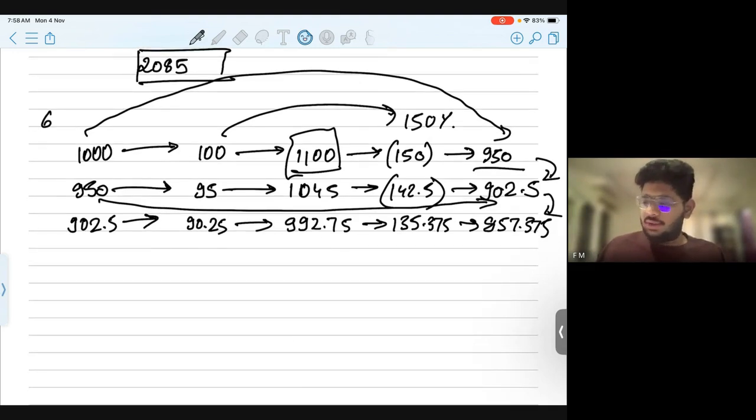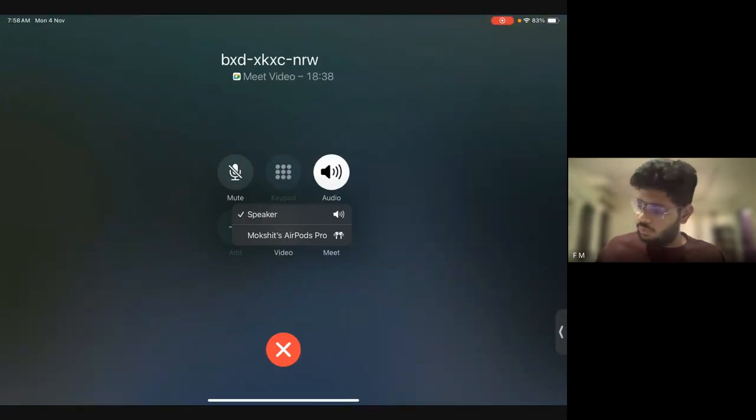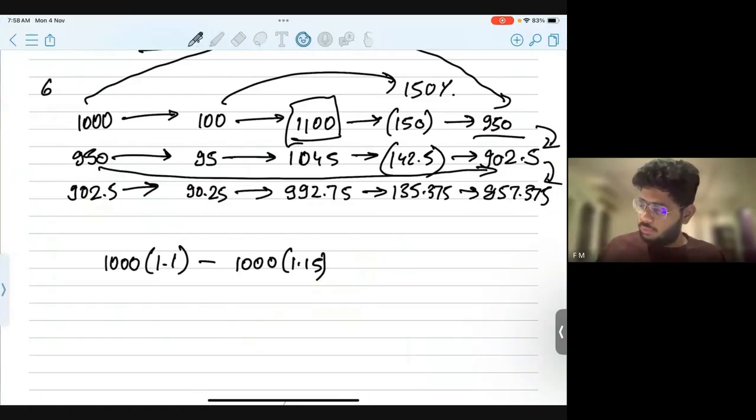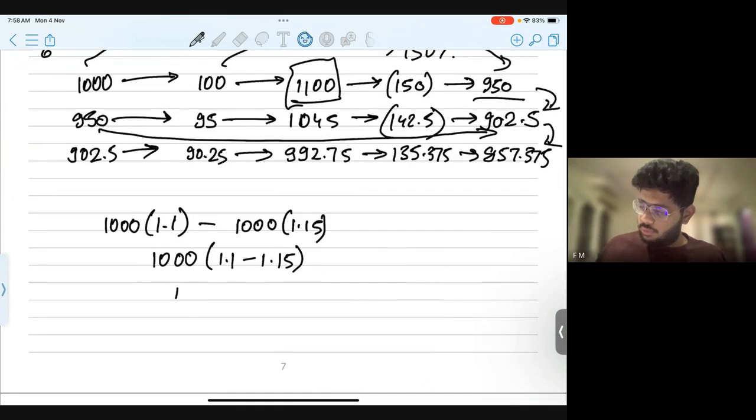Now, mathematically, this is a loan schedule. What is happening? You have 1000. It is increasing by 1.1, and then it is reducing by this. So finally, what is happening to it is 1.1 minus 1.15.